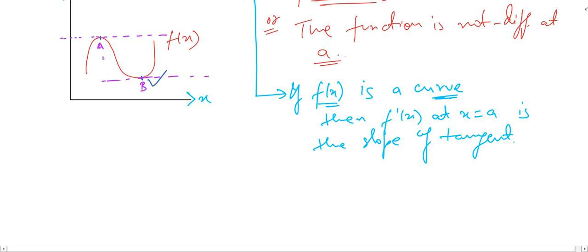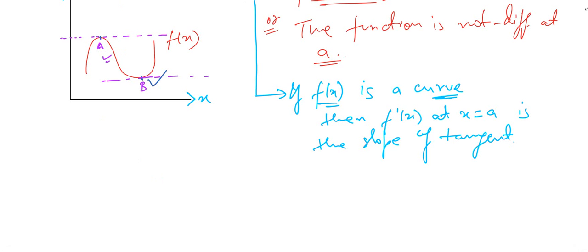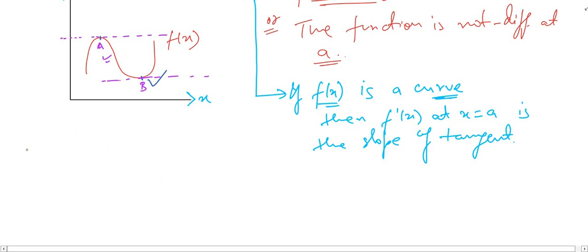If we analyze this again, we can see that at point a, the increasing graph ends and the decrease of the graph starts. At point b, the decreasing of the graph ends and the increasing of the graph begins.